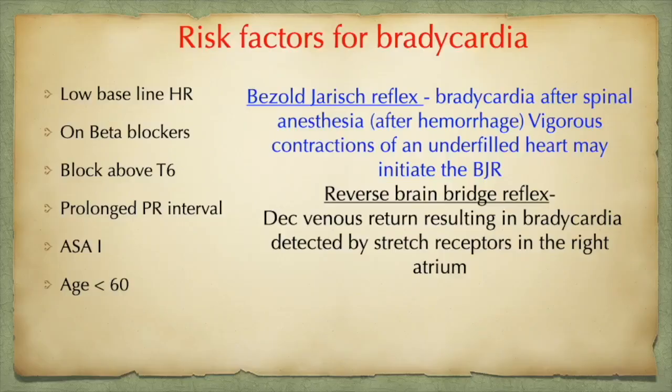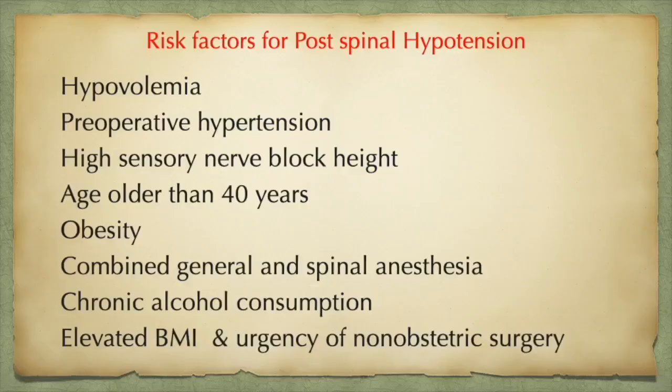When there is severe hemorrhage, vigorous contractions of an underfilled heart may initiate the Bezold-Jarisch reflex, resulting in bradycardia. And when there is decreased venous return, which can be detected by the atrial stretch receptors, it can result in bradycardia. It is called the reverse Bainbridge reflex.